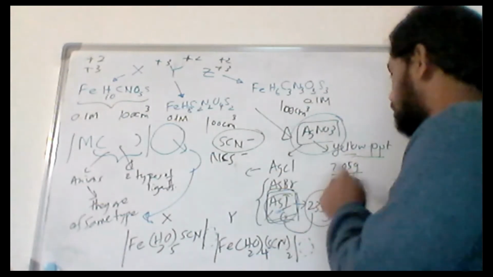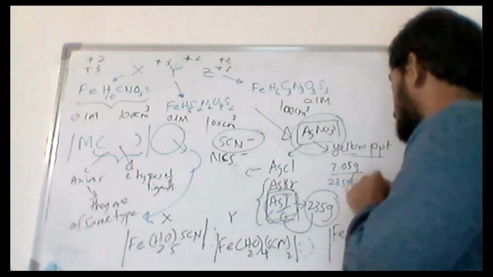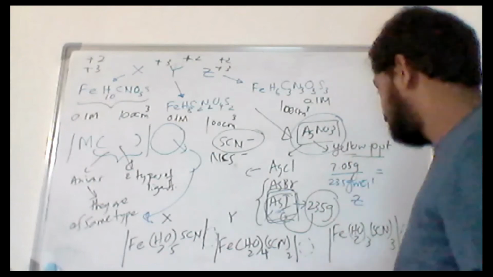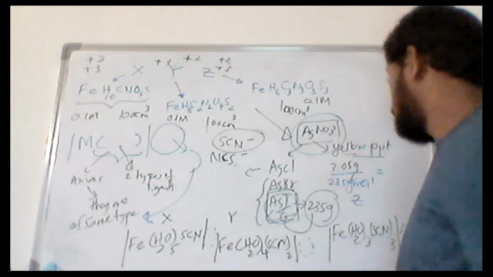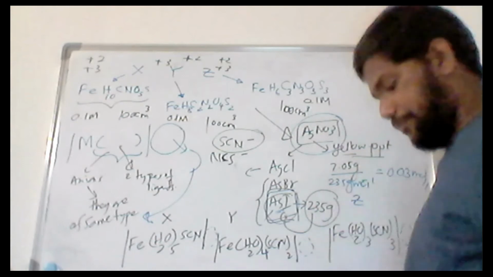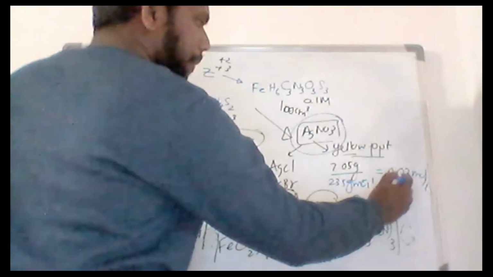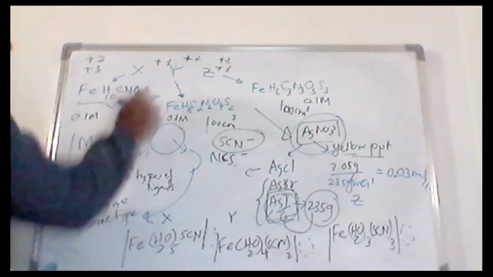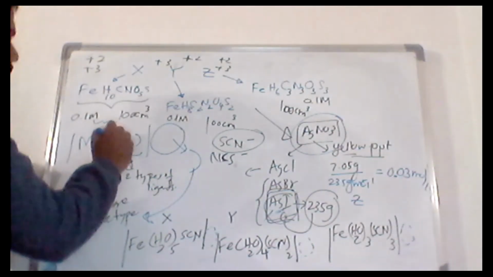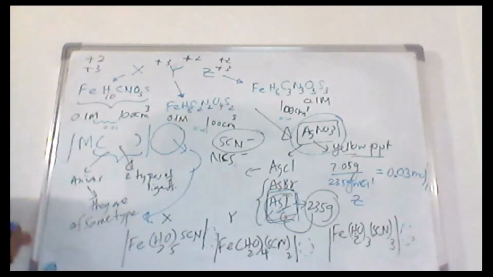So when you want to get the number of moles of this, you can divide 7.05 by 235 grams per mole. When you divide this, you will get this as 0.03, right? So if you get this one as 0.03, this one will be 0.01, 0.01, and 0.01 moles. Okay.